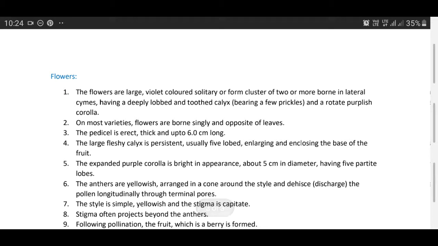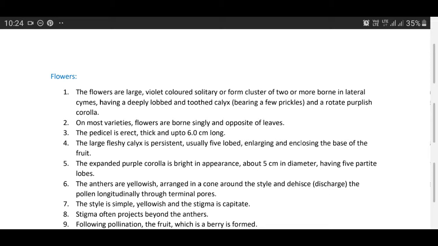On most varieties, flowers are borne singly and opposite the leaves. It means if you see the flowers on the plants, they are generally developed singly and are present opposite the leaves.